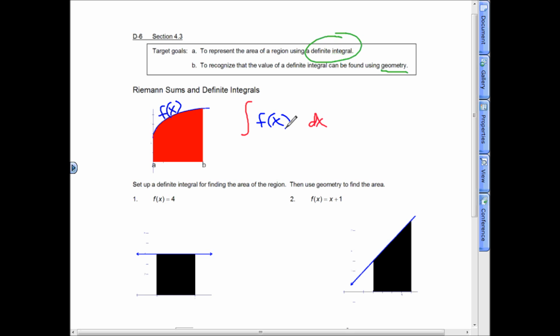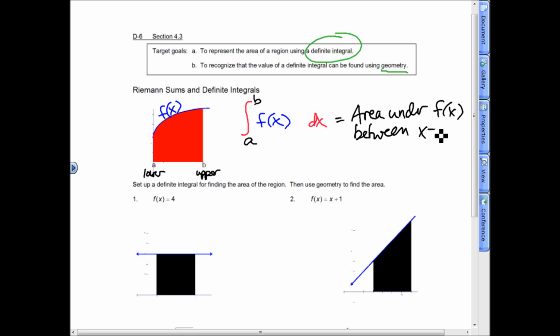And we're integrating it with a starting value and an ending value. So if I'm starting with my lower bound, what's my lower bound? I'm starting at a. My lower bound always goes on the bottom of that definite integral, and my upper bound always goes on the top. So my integral from a to b of f of x dx, when we go through and solve it, represents the area under f of x between x equals a and x equals b.